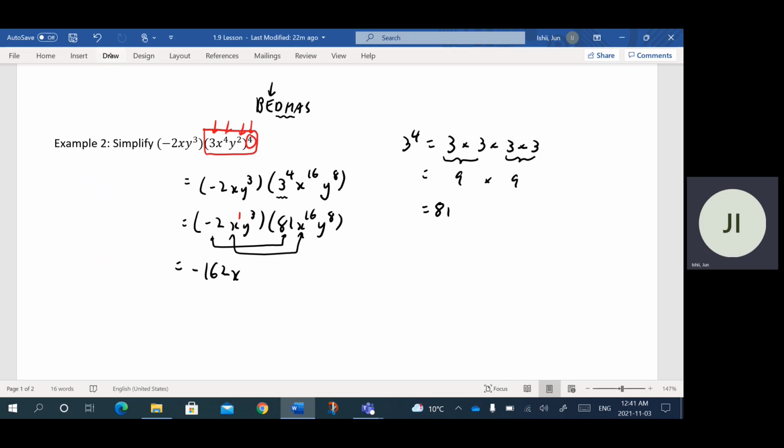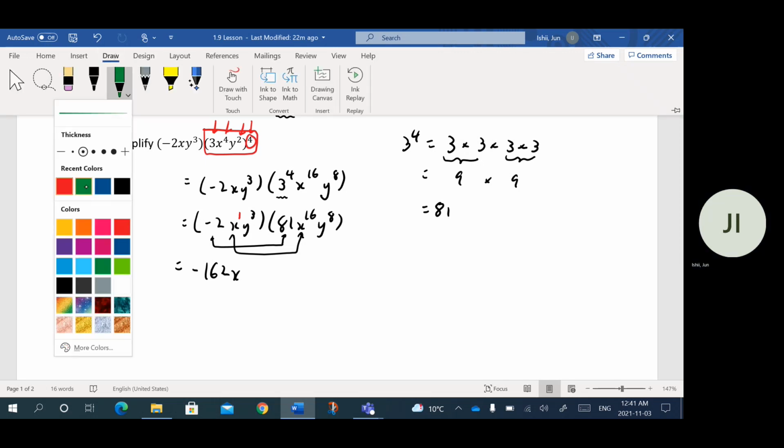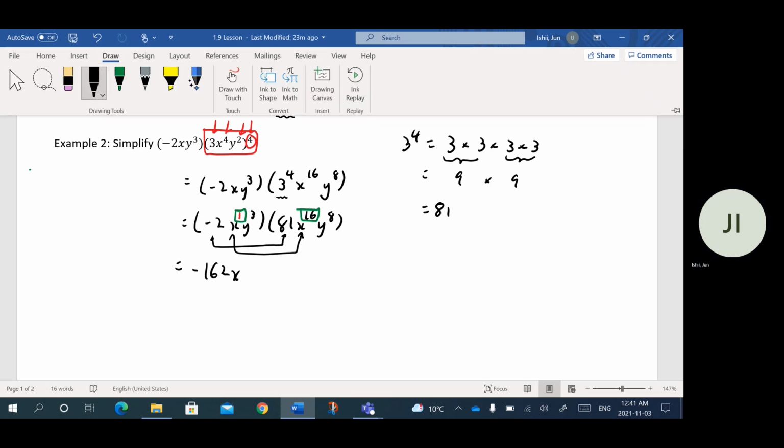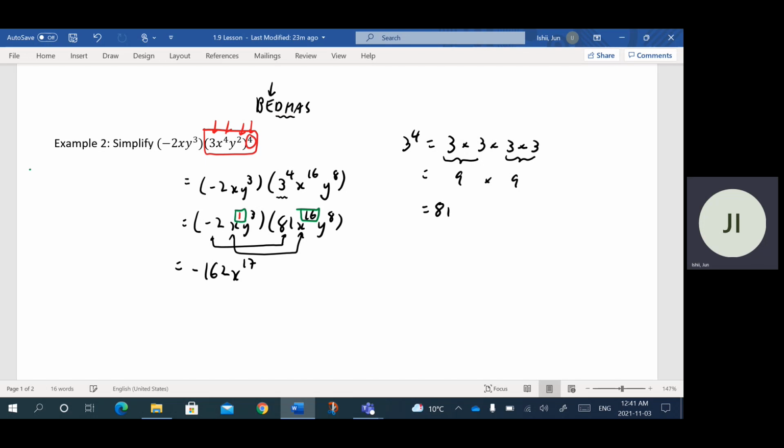Okay, so I need to add this 1 with the 16, and as a result, you get x to the 17th power. And then likewise, y cubed times y to the 8th is, if I add the exponents, y to the 11th. This is actually the simplified version of this expression here.